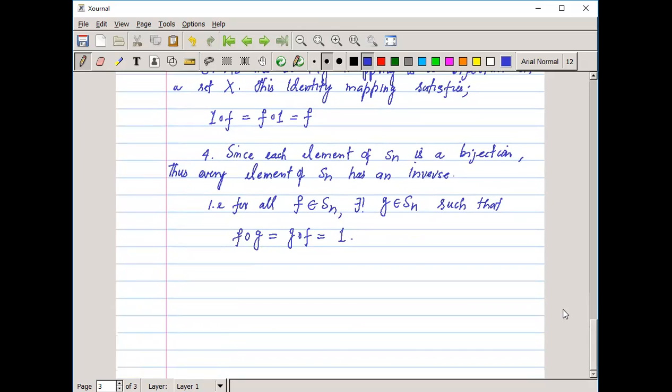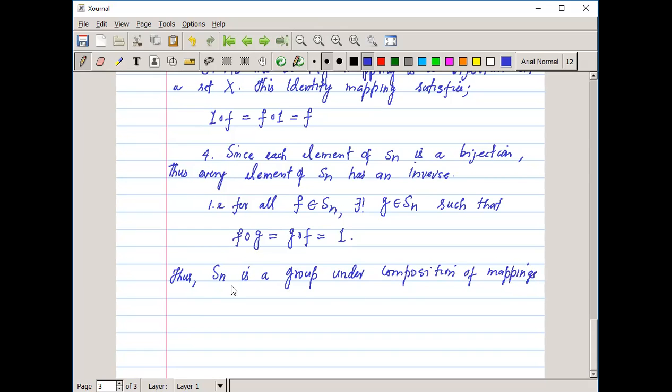Therefore, the set Sn satisfies all the four properties of forming a group. Thus, Sn is a group under composition of mappings.